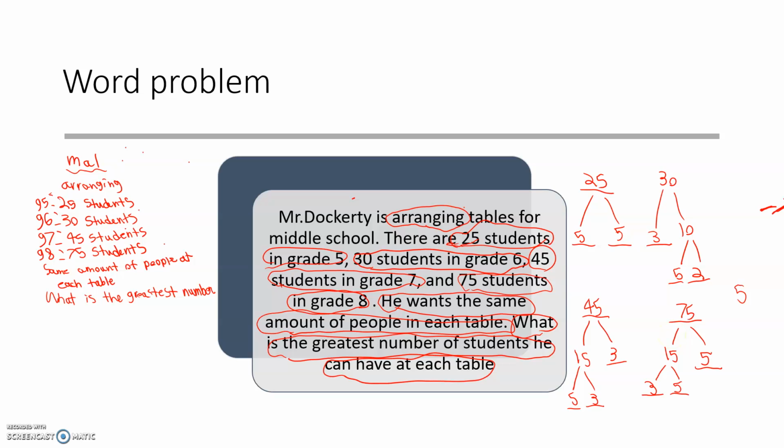So the answer, you would also write a statement.